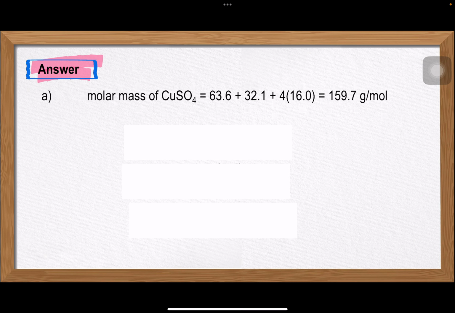molar mass of the copper sulfate we can calculate. Molar mass is copper plus sulfur plus 4 oxygen, 159.7 gram per mole. Then from the mass of the copper sulfate we can identify the mole: 167 gram divided by 159.7.